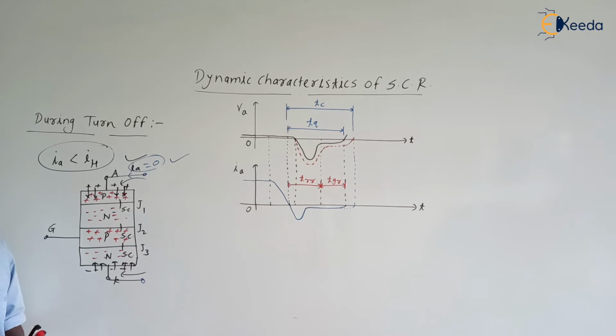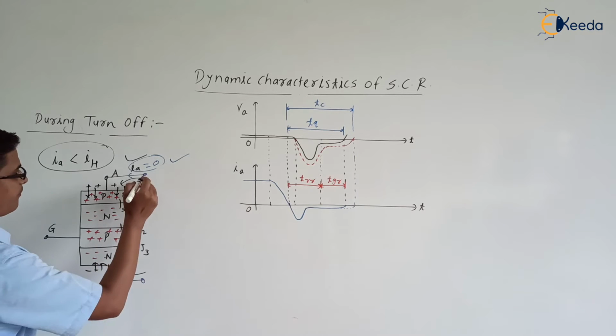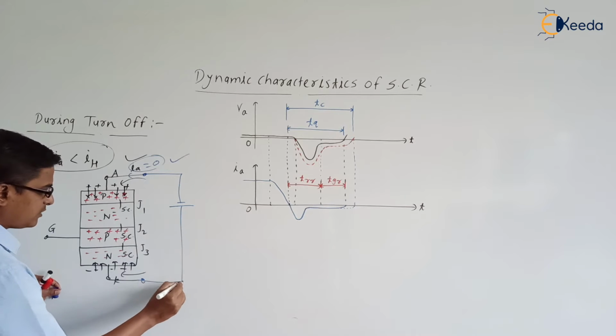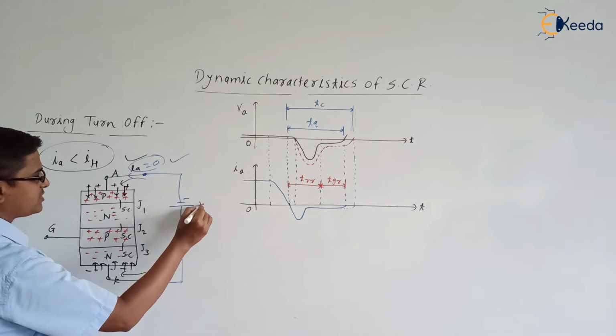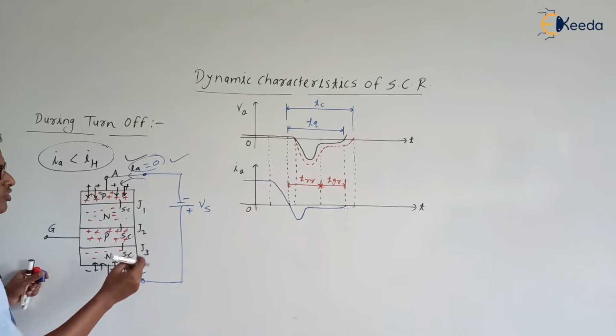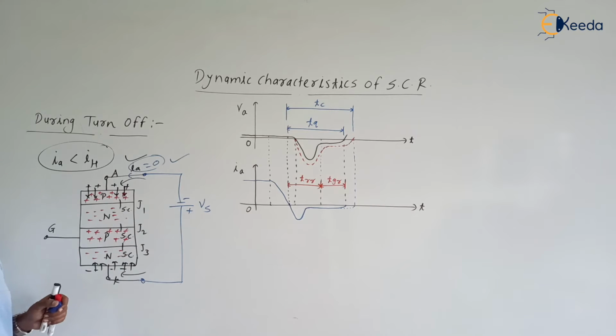Before formation of the depletion layer, we need to remove those added charge carriers. How to remove them? For that, we need to maintain the reverse voltage across the SCR. If we maintain the reverse voltage across the SCR, what will happen?